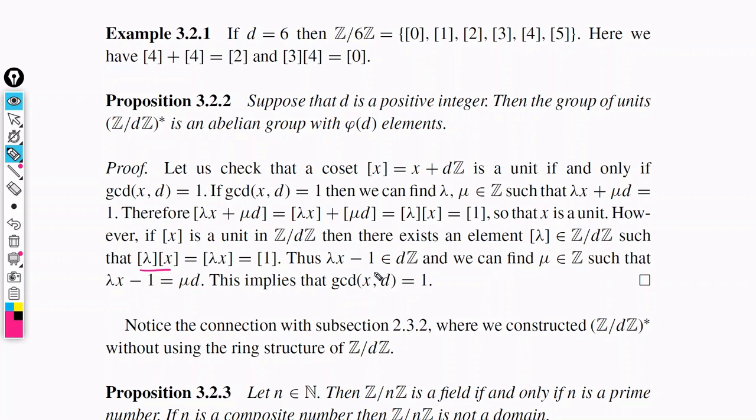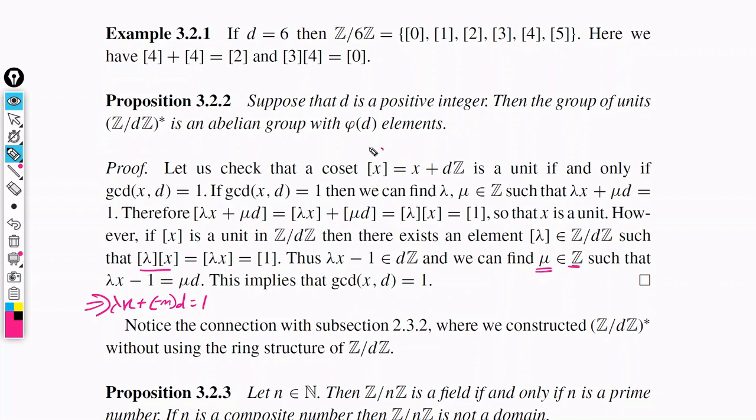Lambda X minus 1 belongs to DZ means this is a multiple of D. That means there exists a number mu belonging to Z such that lambda X minus 1 is equal to mu D. That means lambda X plus minus mu times D equals 1. So we can say that GCD of X and D is 1.